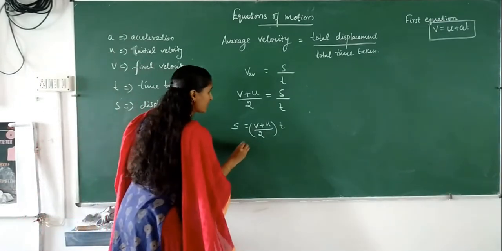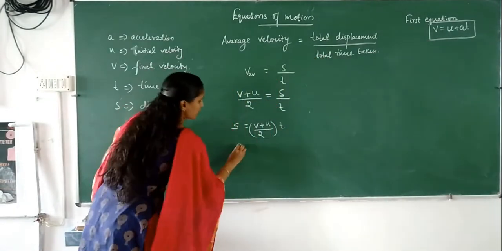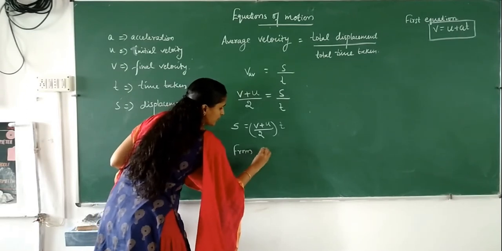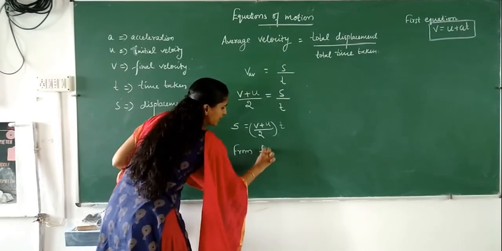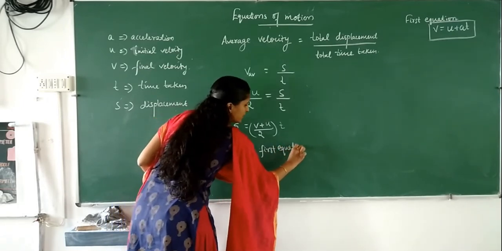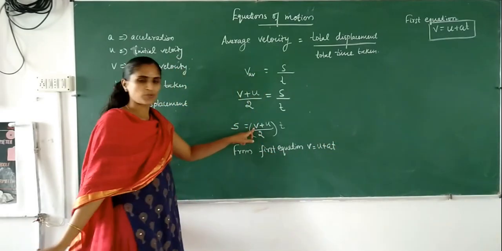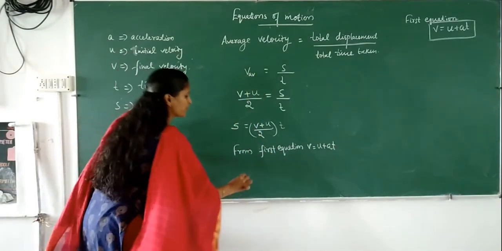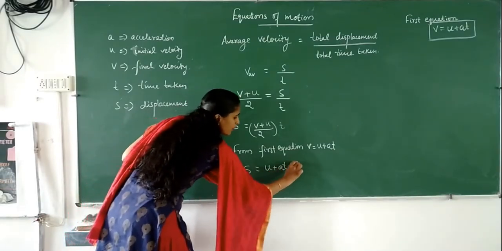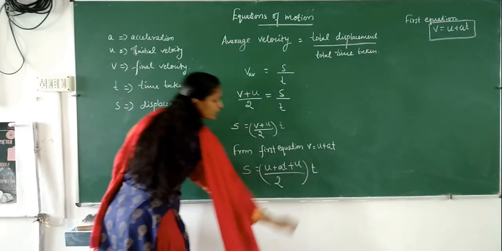And what is the value of v? We can substitute from the first equation: v is equal to u plus at. So what will you get? s equal to u plus at plus u by 2 into t.